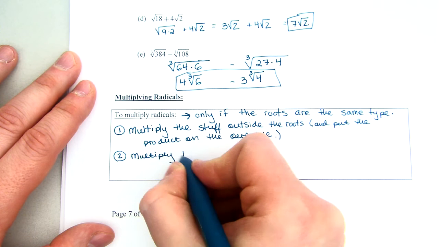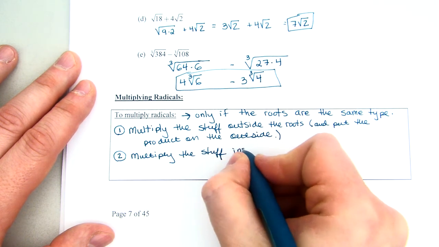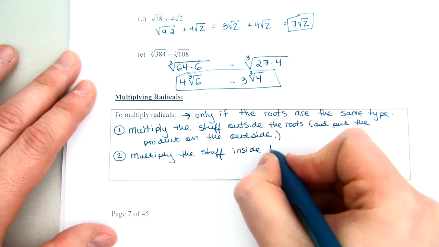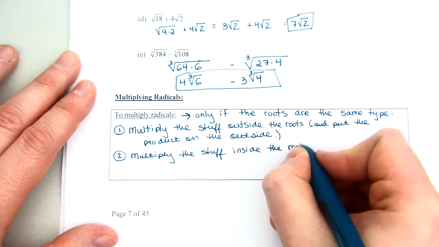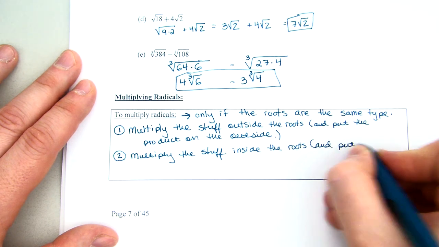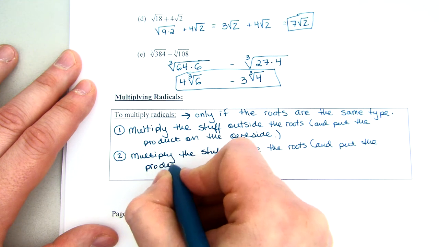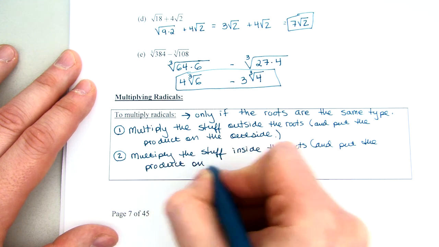Multiply the stuff inside the roots and put the product on the inside.